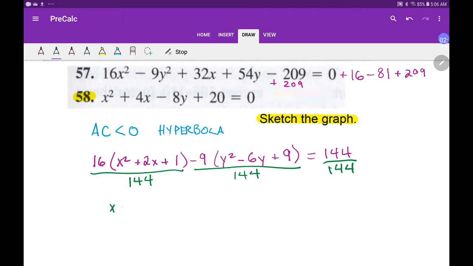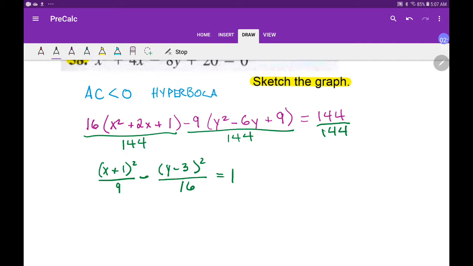So I get x plus 1 squared over 9 minus, they're just the opposite of each other, 9 into 144 is 16. So I have y minus 3 squared over 16 is equal to 1.